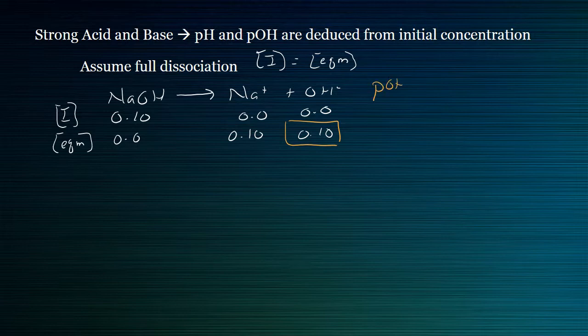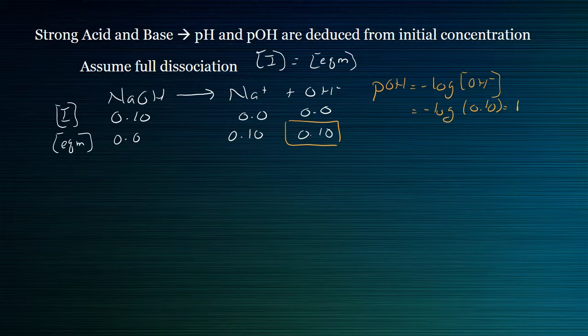So if we have pOH equals the negative log of your hydroxide ion concentration, right? So we take the negative log of 0.10 and you get 1. And so that's going to be your OH concentration. So what's the pH of the solution?